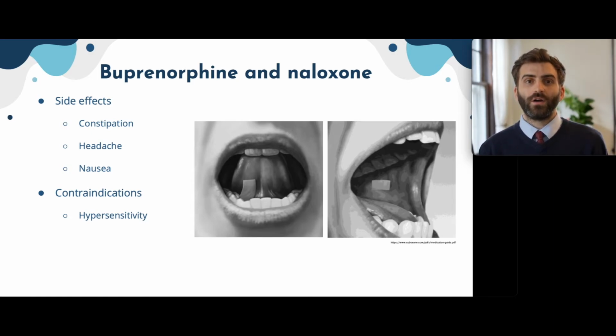So these again are sublingual or buccal products, meaning they're absorbed through the mouth, the oral mucosa. When I used to work at a Suboxone clinic with a lot of these patients, if I ever heard them say they had nausea, they were almost certainly swallowing the medication too soon. So with a sublingual or a buccal, this is absorbed in the mouth, not in the GI tract.